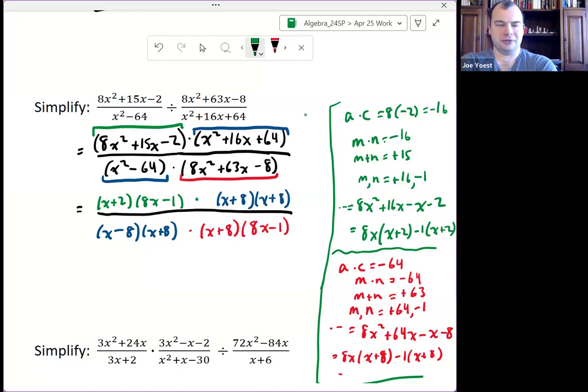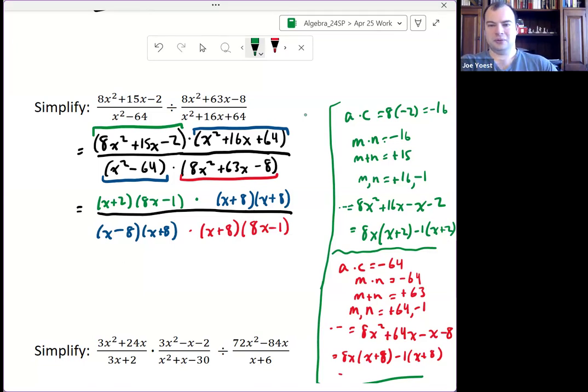And also our last term is a negative. So it could be a -2 and a +1, or a +2 and a -1, and so on. So just lots of different possibilities. It's going to be really hard to guess and check for either of these. So just use the AC grouping method.